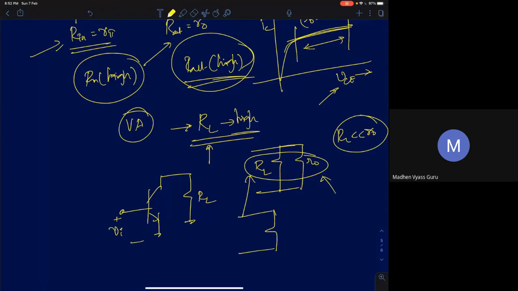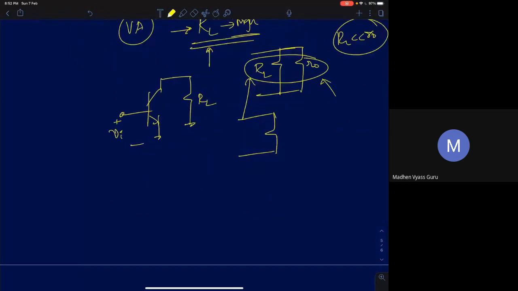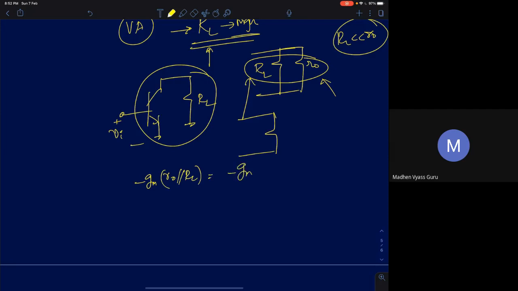Your gain will be much smaller than your intrinsic gain. The intrinsic gain of a common emitter configuration is minus gm r naught, but the actual gain with a load resistance RL is minus gm times R naught parallel RL, which can be written as minus gm R naught RL by RL plus R naught.